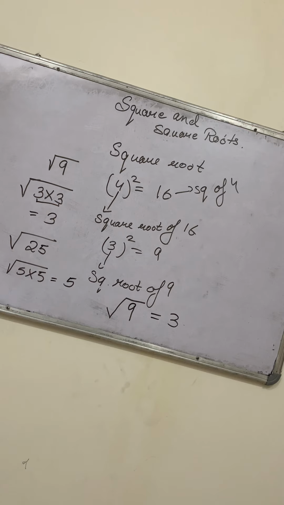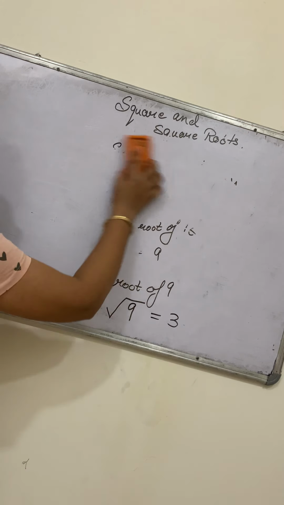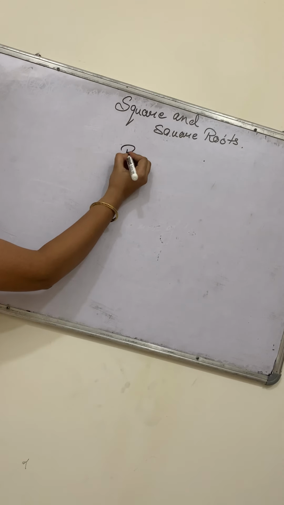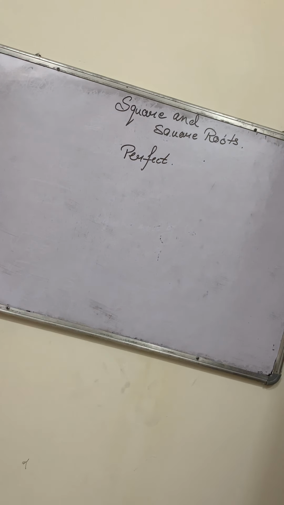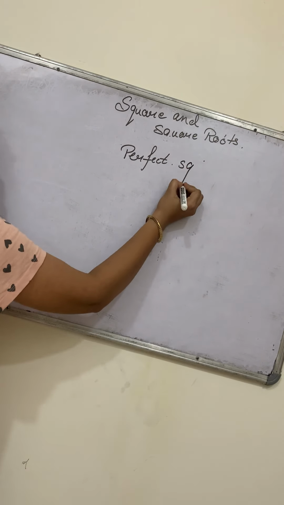Coming further, there is a term used, perfect square. We use a term, perfect square. Now what is this perfect square?